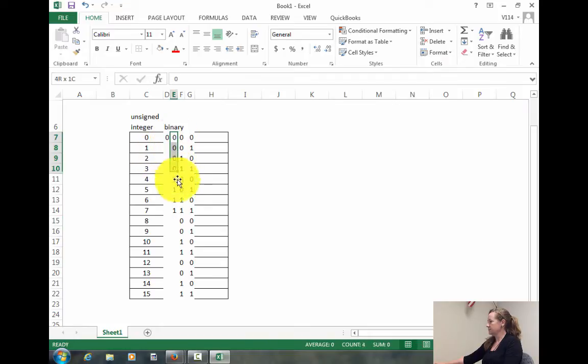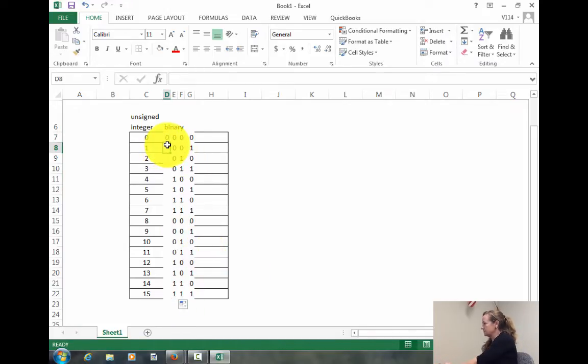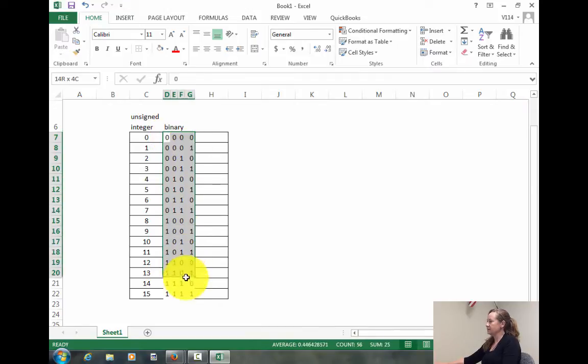And then your last digit fluctuates at half that speed. So then this digit, you see, there's our binary numbers.